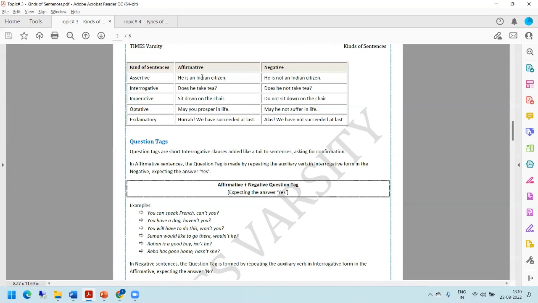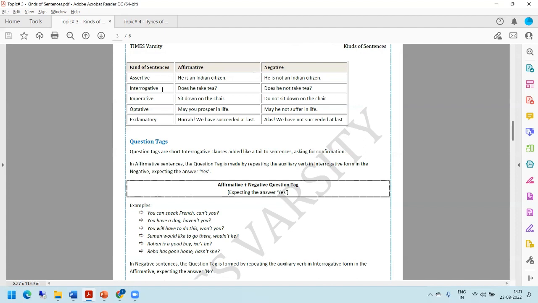It is an example of an affirmative assertive sentence. Then in negative, we are just including another word, not. So he is not an Indian citizen. This is an affirmative sentence, this is a negative sentence, but both are assertive.